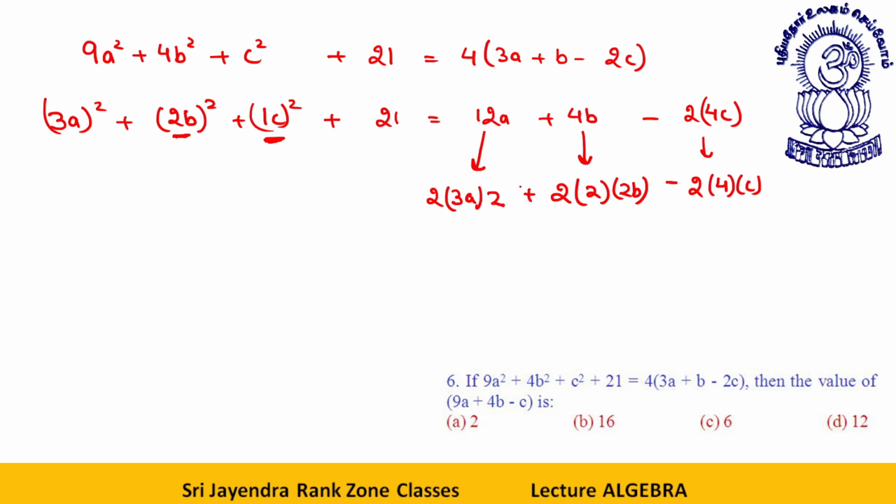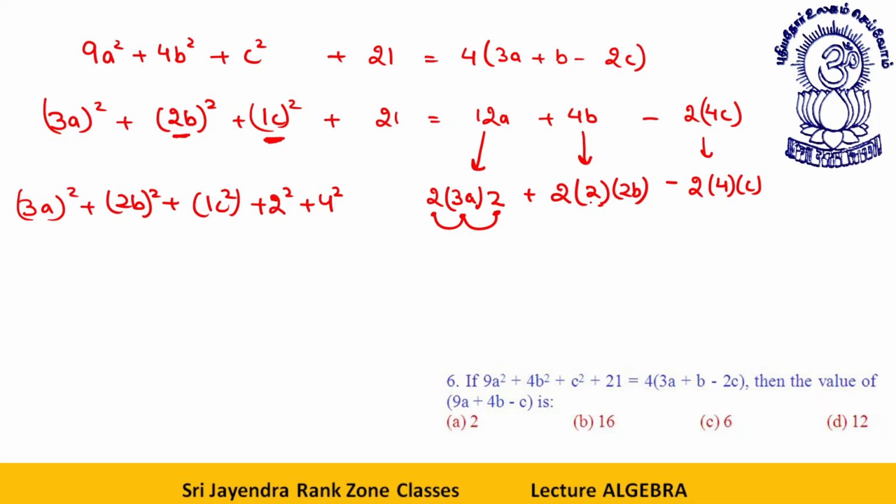So, my dear students, what's going to happen now? I will write this as (3a)² + (2b)² + (1c)² + 2ab, so this 2 squared, plus 2ab again. I wrote this wrong, this is 2 square.